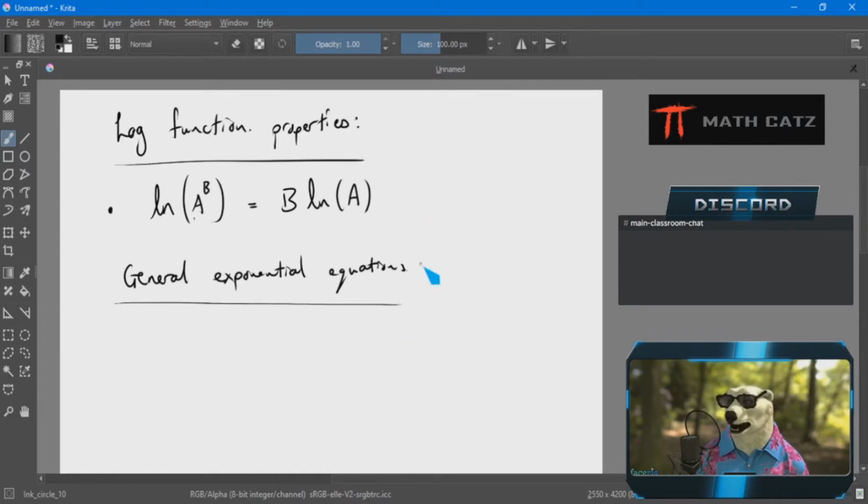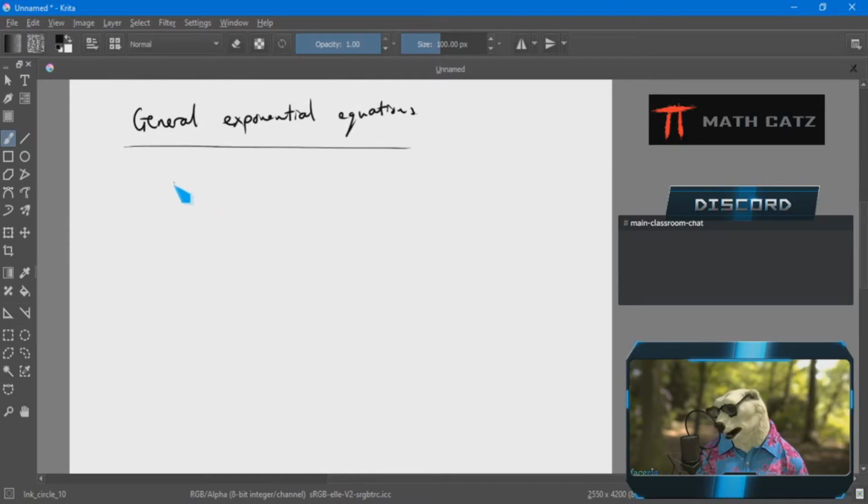Using this property and logs, I don't need that anymore. For example, now we're not going to do a ton of these. I really just want to draw your attention to the fact that we can handle all kinds of equations now by using the log function and that specific property. And it'll come up now and then, but we're not going to give you a whole bunch of these to do just for the sake of them.